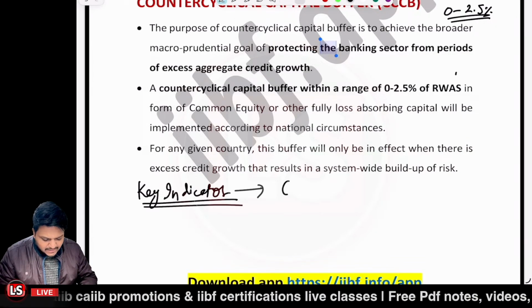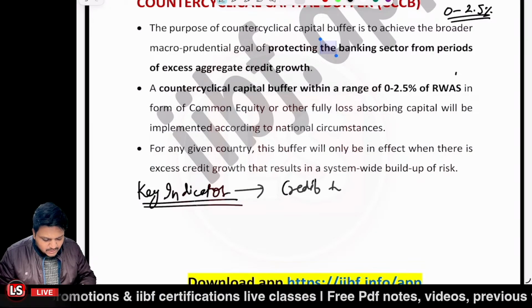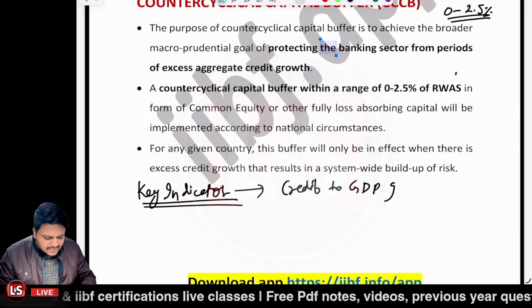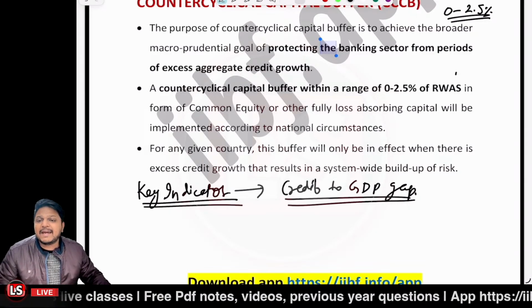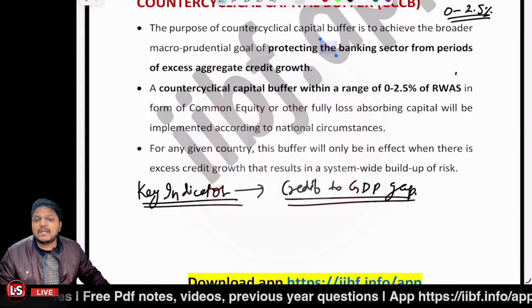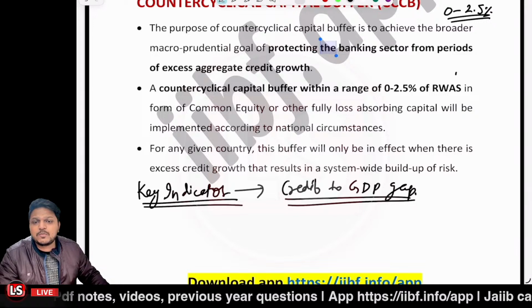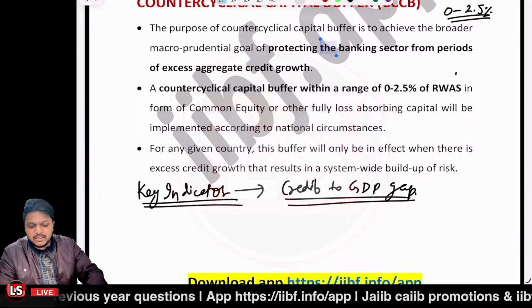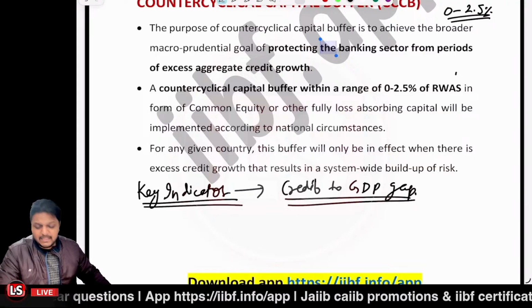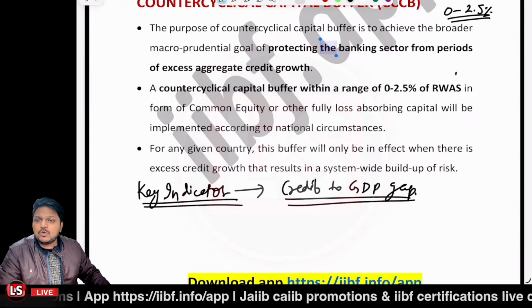So the main indicator is credit to GDP gap. That's the first case. This is a primary indicator as per the Reserve Bank of India, right? So you should be understanding that in case of CCCB, the primary indicator is what? It is credit to GDP gap.